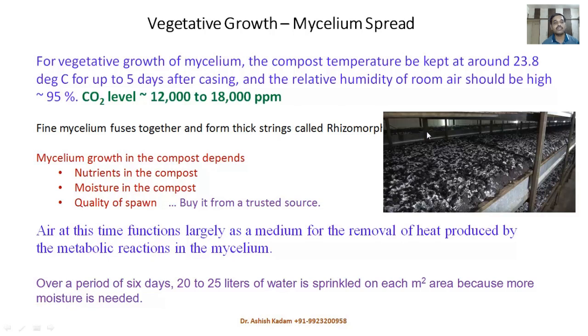So you need to have observation at such a small level, and if you take care right from the first phase of the vegetative growth of the mycelium, then of course you will get better results. Because if you do not see the right growth here, you can take the right measures at this stage only, so that your entire cycle will not get wasted.